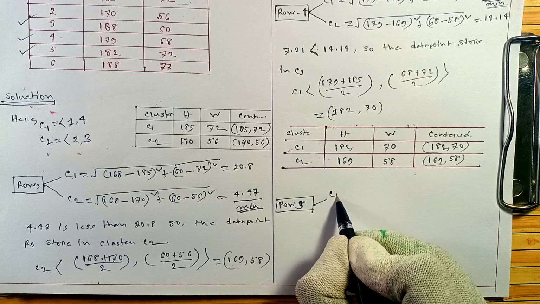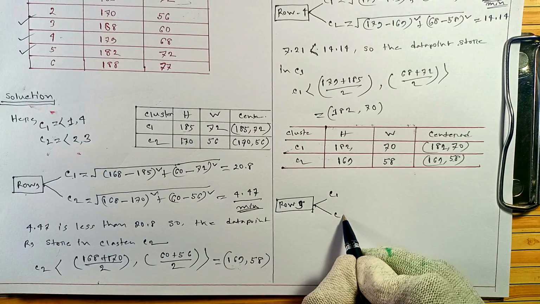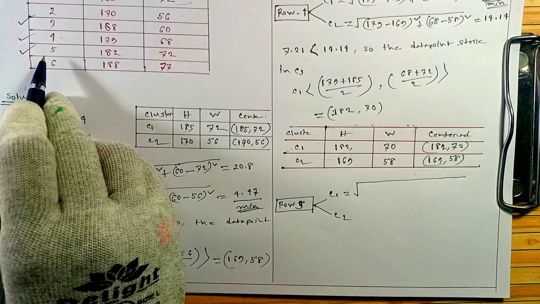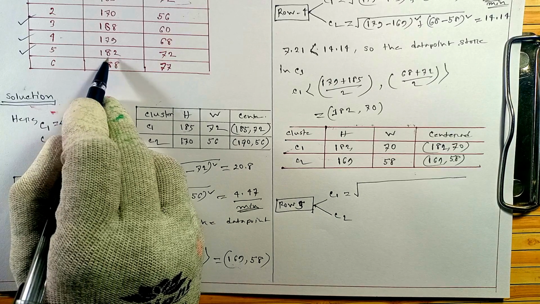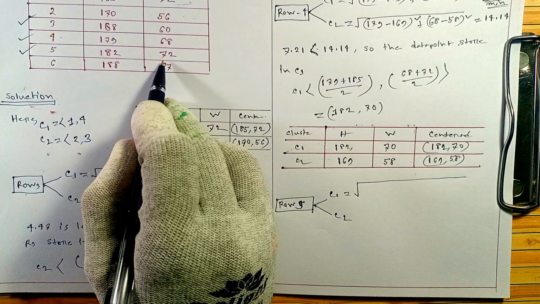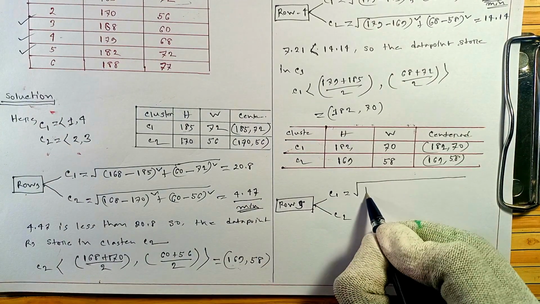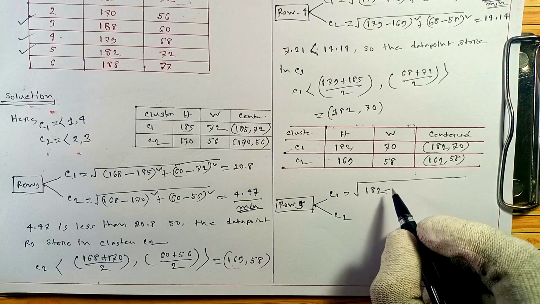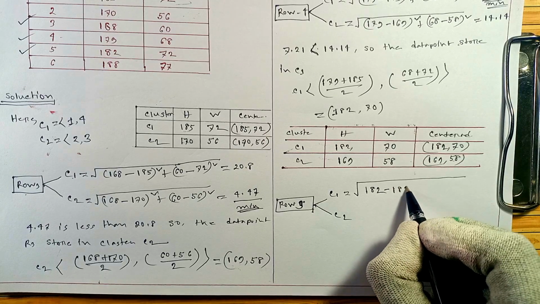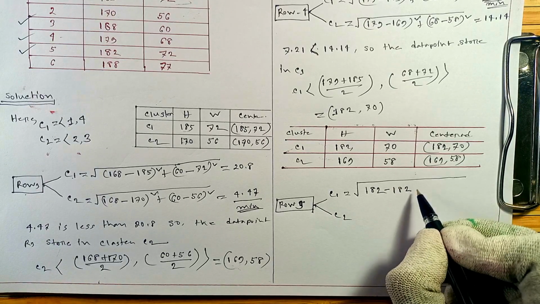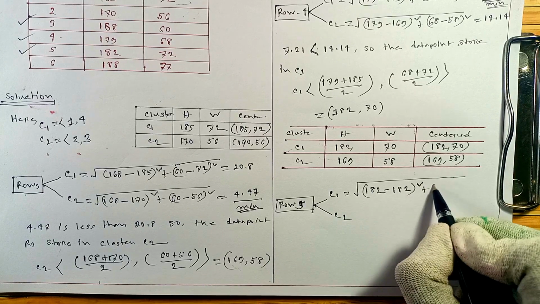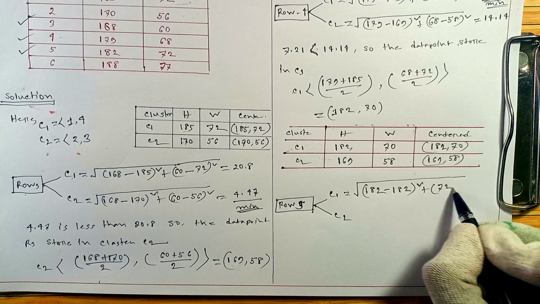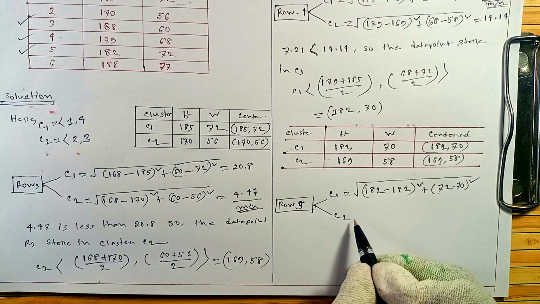Row 5 could go to C1 or C2. Let's check again. Row 5's value is 182 for height, 72 for weight. So 182 minus C1's 182, plus 72 minus 70 whole square.